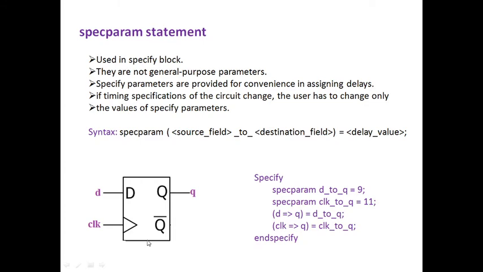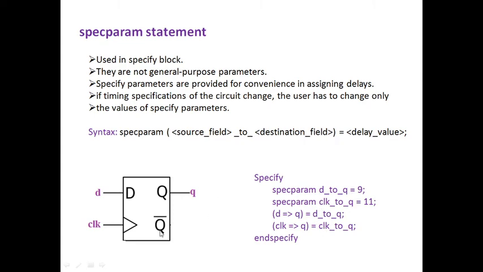So I am having a D flip-flop here. The input for my D flip-flop is D and the output is Q, right? So according to the specparam, first thing is specparam D to Q. That means from D to Q a path will be established inside it. So that path is taking 9 seconds of time.